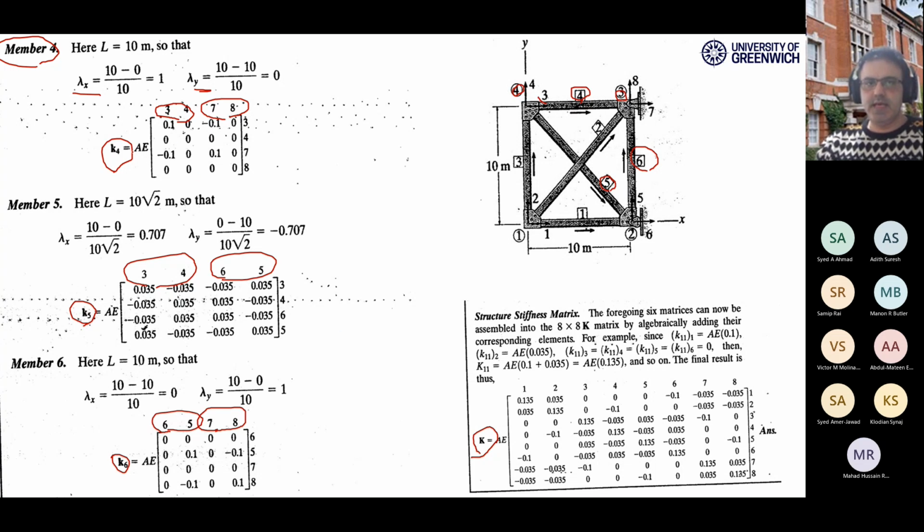be careful about A and I. A and I is the same for all the elements, so it can go out of the matrix, but L is different, but I already have implemented them. So for example, let's say one of these. For example, minus 0.1, where does it go?